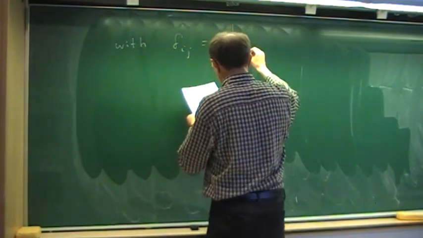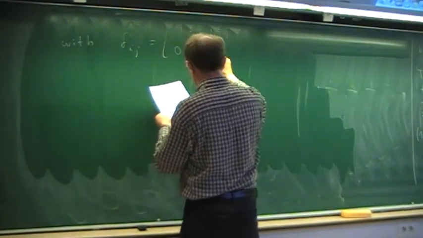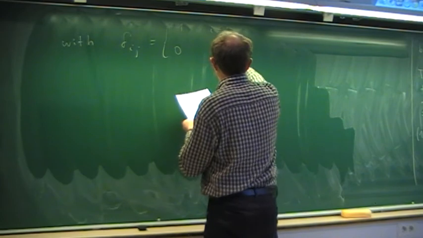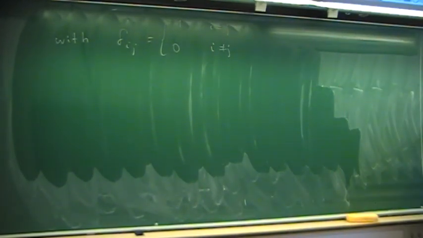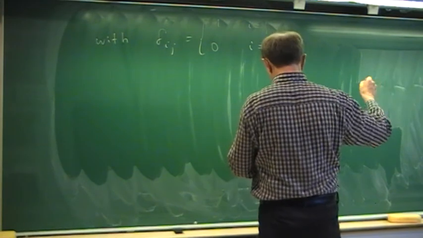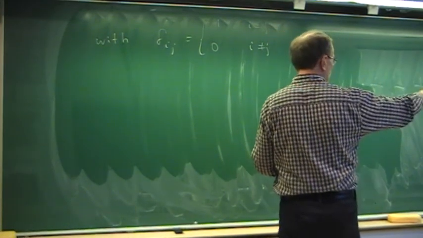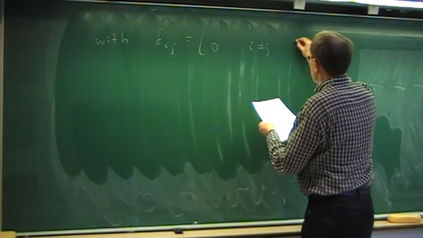That is 1 if i is equal to j, and it is 0 if i is different from j. So that means we get only something for the diagonal terms here, for the ii terms. Otherwise, this term related to the minus 2/3 rho k is 0. So that is the Kronecker delta.